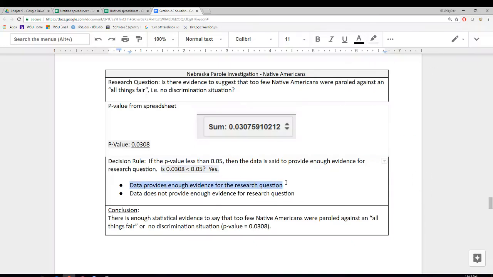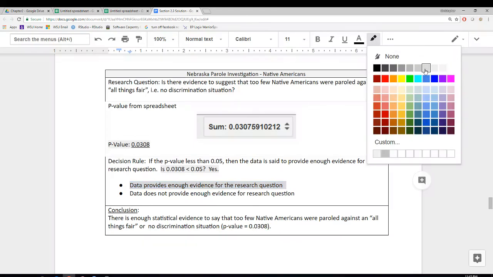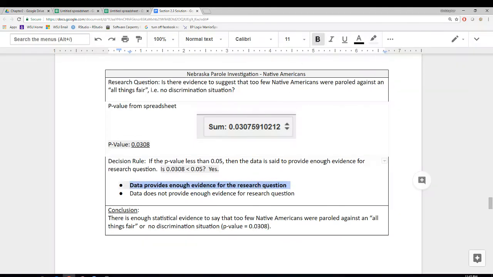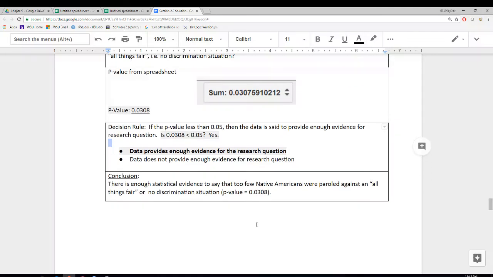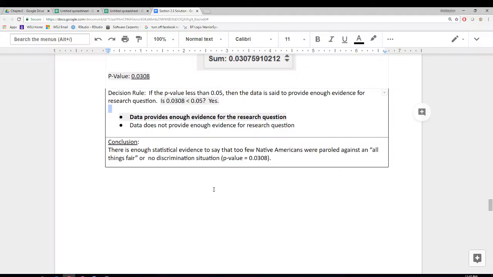So I do have enough evidence for my research question. The data provides enough evidence. So the conclusion is that there is enough statistical evidence to say that too few Native Americans were paroled against an all-things-fair or no-discrimination situation. That p-value is 0.0308.